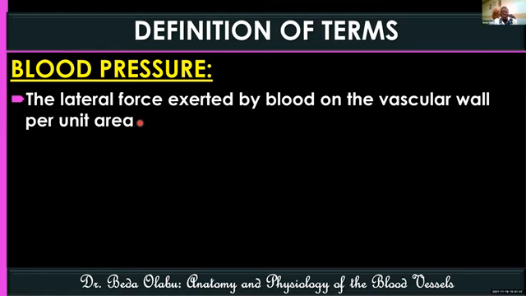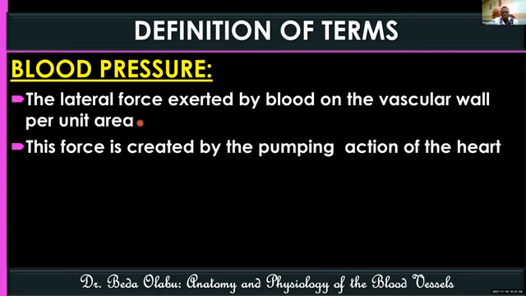That's the lateral force. So the force that the blood exerts on the vascular wall per unit area is what we call blood pressure. That force is created by the pumping action of the heart. When the heart pumps, that force during systole, the pressure is high. So it's created by the pumping activity of the heart.